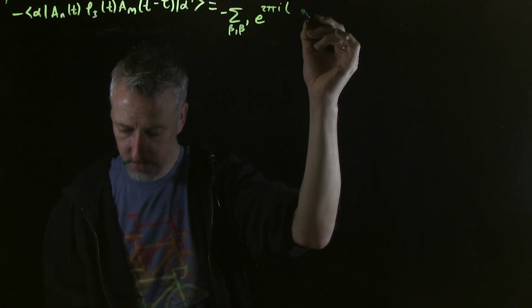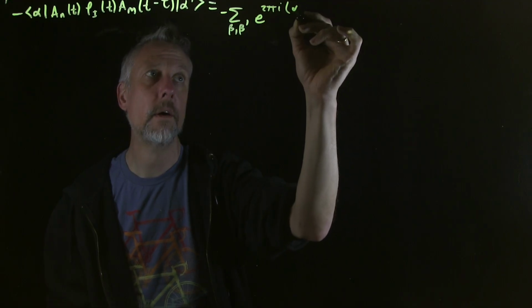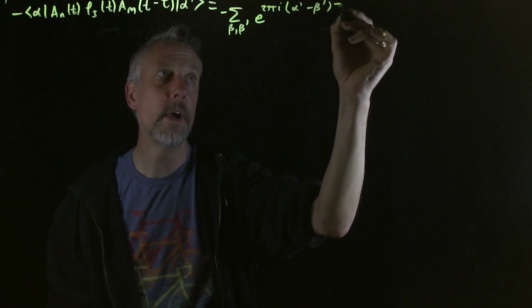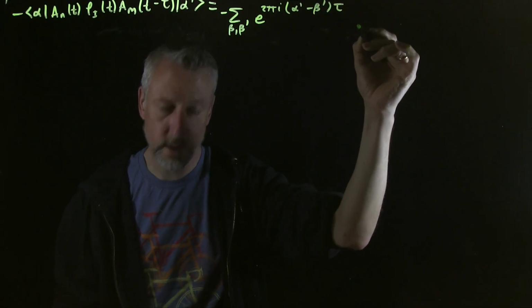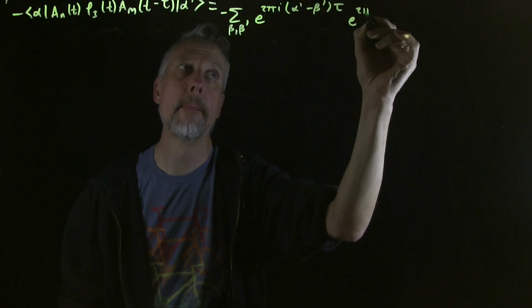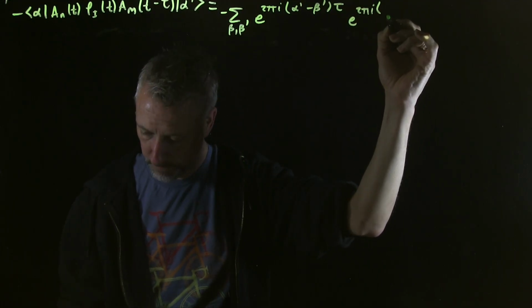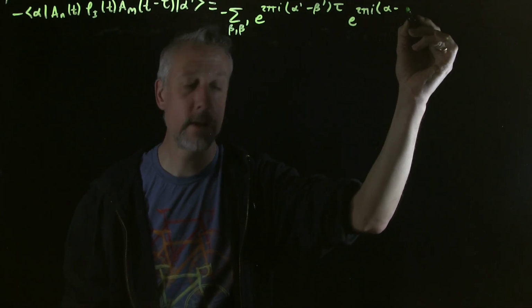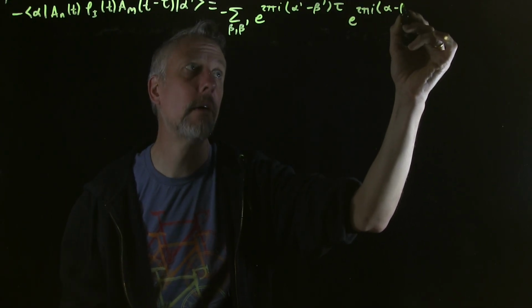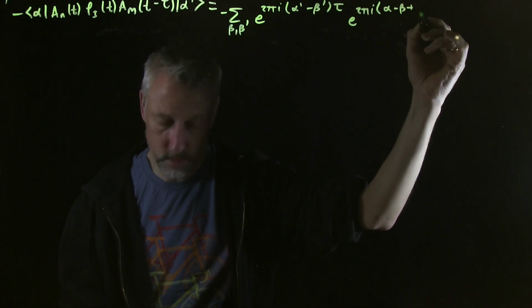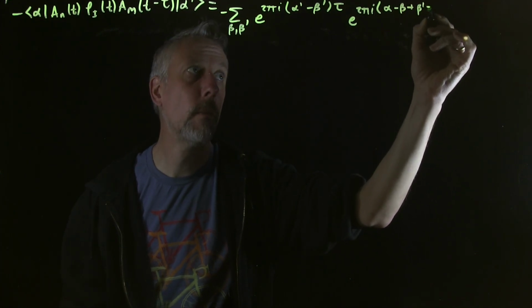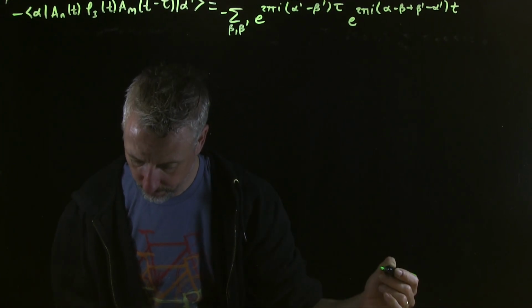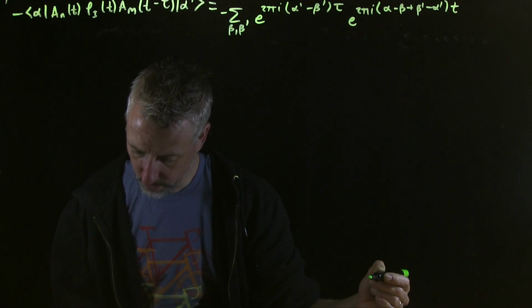And just look at the difference frequencies. And then we have the taus and the t's separated, and it looks really nice. You do have a little bit more complicated difference frequency here. Yep, there's a minus sign.